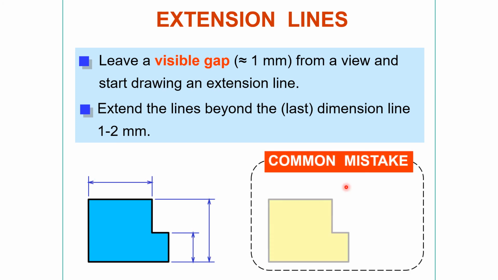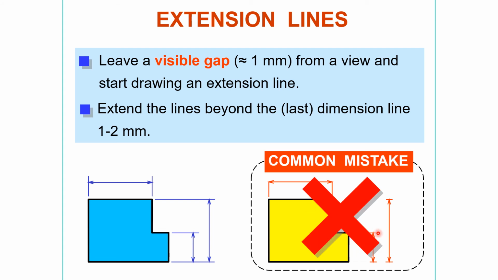Okay, the mistake. Although this is also right, it is not a proper or good way. For example, this dimension properly indicates this surface, and this one is just far too away. The extension line should extend from the object's feature.